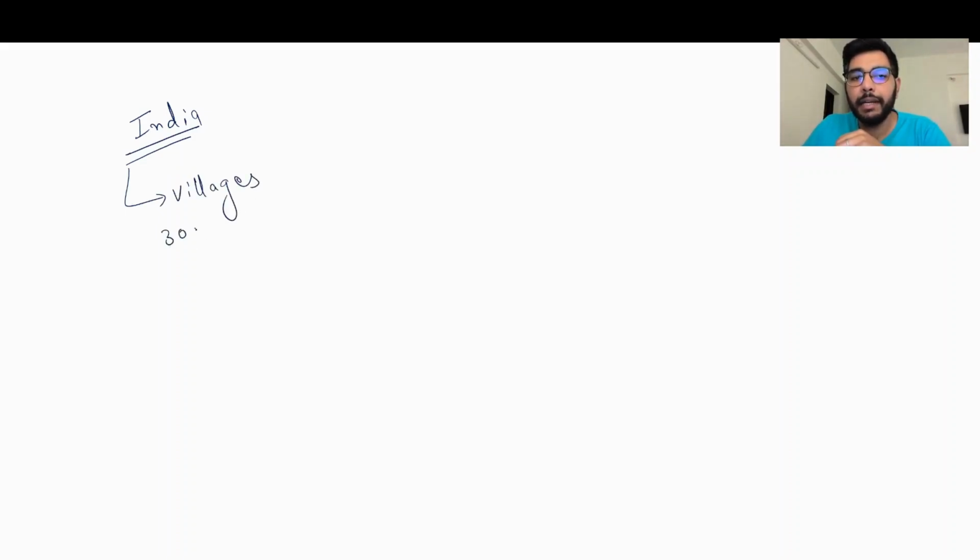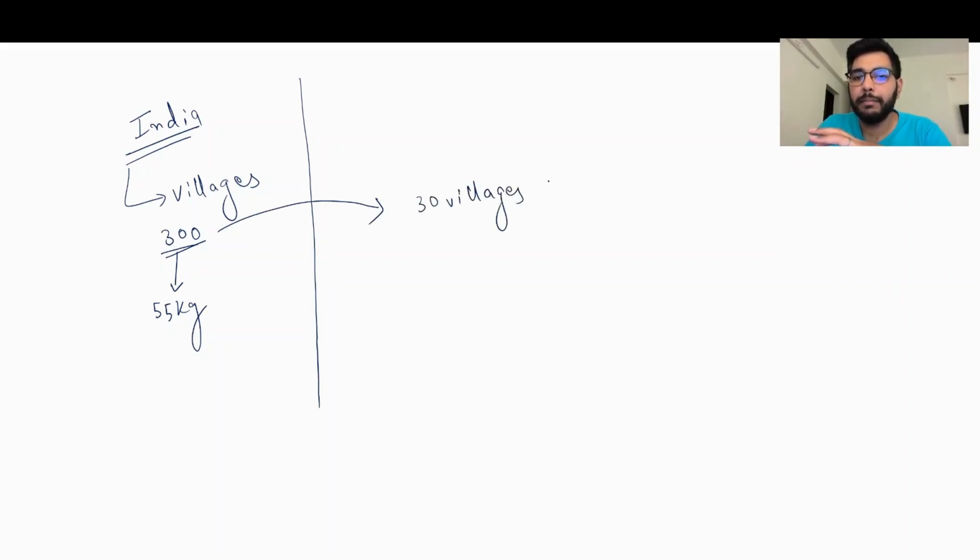We had 300 villages in total in India, and let's say the average weight of all the people in the 300 villages was 55 kgs, right? Now we did cluster sampling over these 300 villages and selected 30 villages at random. This was a random selection.